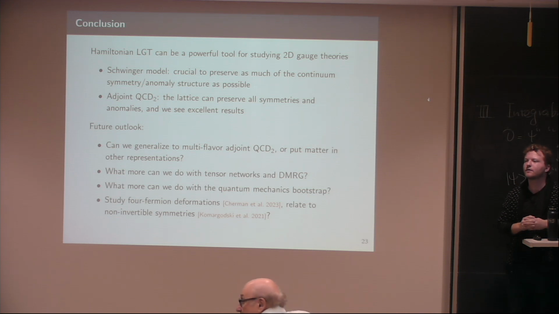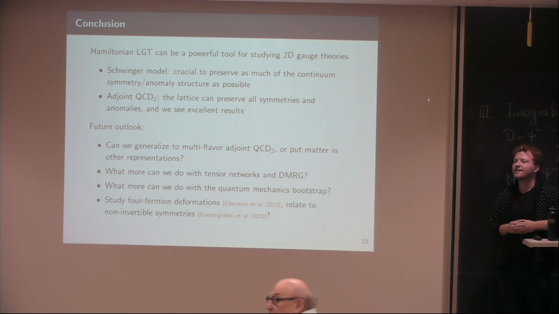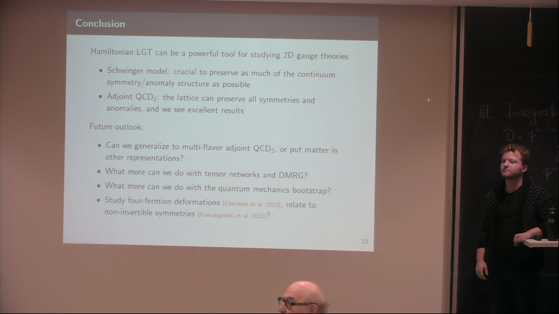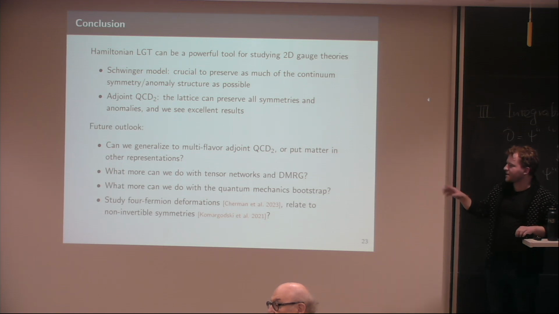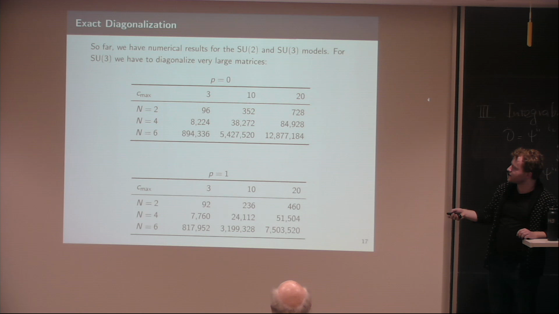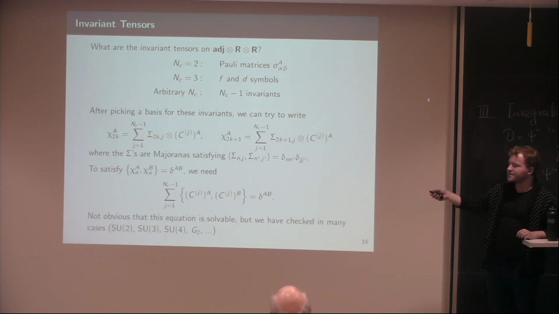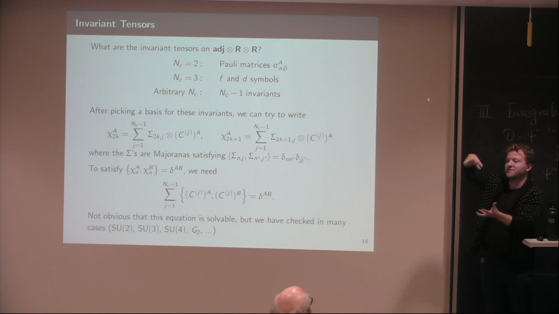I guess I have a question, a follow-up on this large N limit question. So if I understand correctly, you do all the group theory before you put it on the lattice, right? So why is it difficult to go to large N? Well, what I didn't emphasize is that once we have this representation of these fermions in terms of invariant symbols, once we want to compute Hamiltonian matrix elements, it's contractions of those invariant tensors, which give you 6J symbols.